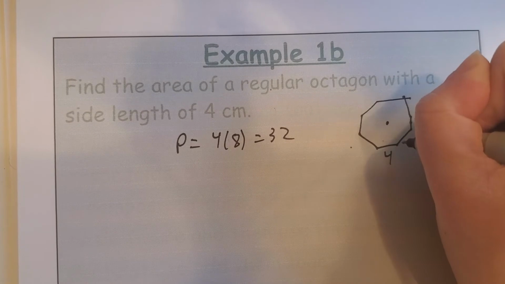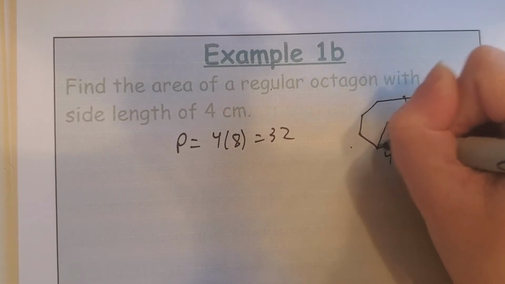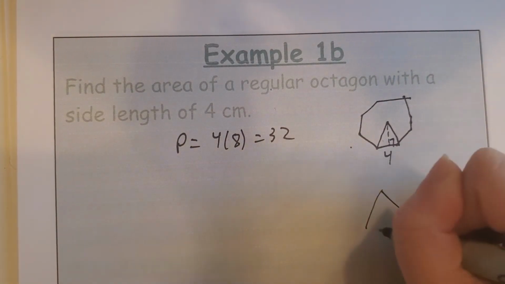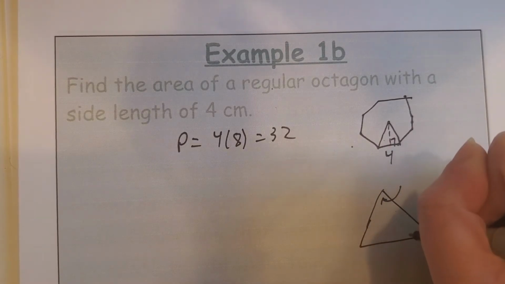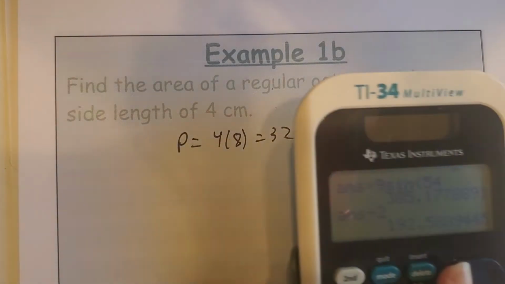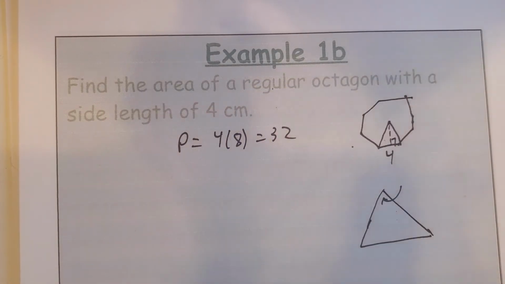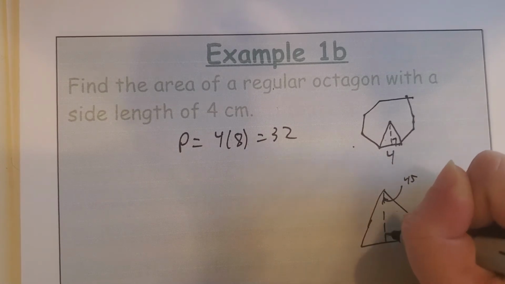So if we place our center here, here's our apothem, and there's our central angle. So again, I'm going to redraw this triangle down here. The measure of that central angle is 360 divided by 8, which is 45. All right.